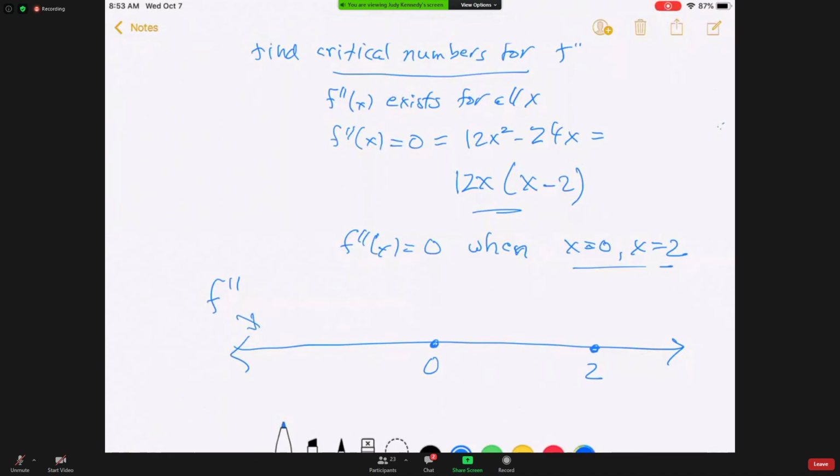So again, you just check one point in each interval. How about -1? If I put -1 into the second derivative, 12 times -1 is -12, that's negative, and -1 minus 2 is negative. So that's positive, which means the graph is concave up.